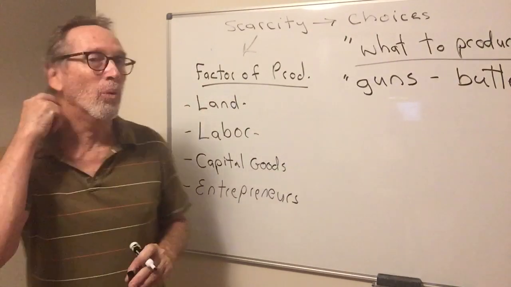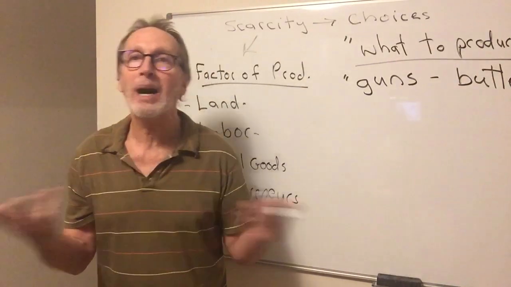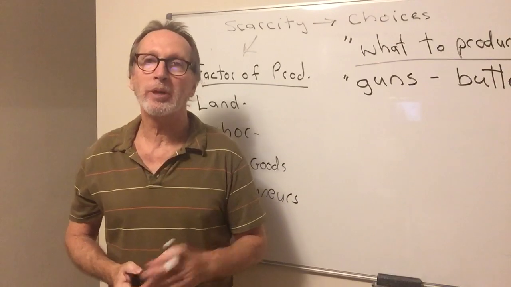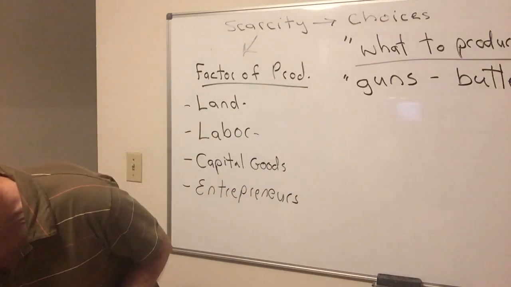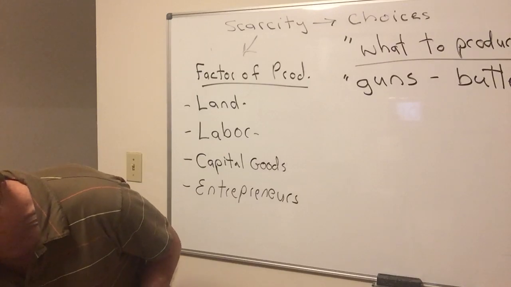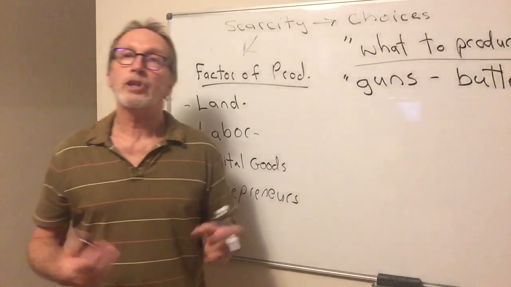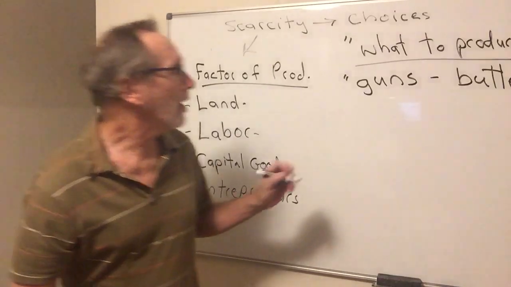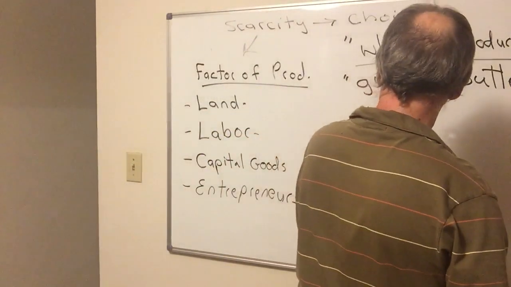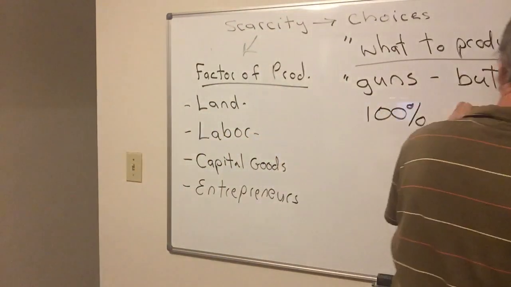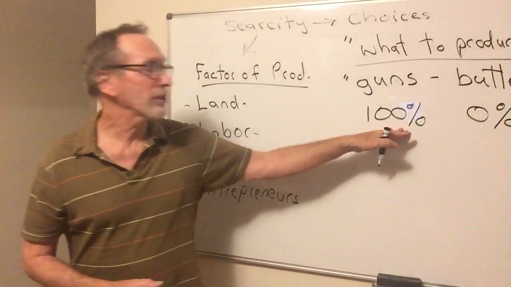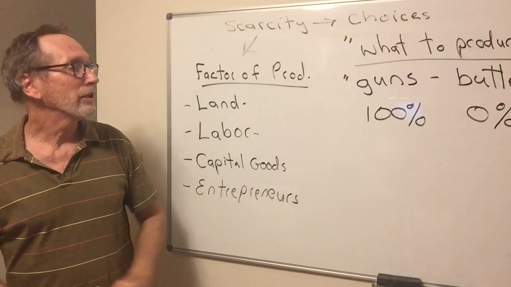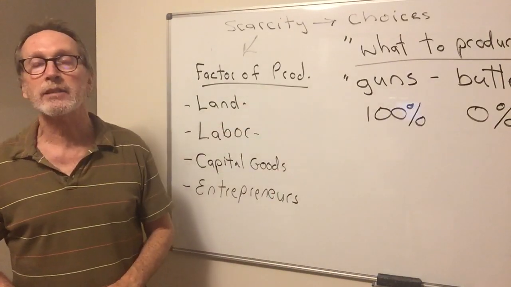Anything, you just go with it. We're talking about what are we going to produce? You've got two options. You probably got a lot of options, but we're going to simplify it with this model, right? And so this is a choice we have to make. You could make 100% of guns, and then you'd have 0% of butter, right? All your resources, all your labor going to making these industrial goods.